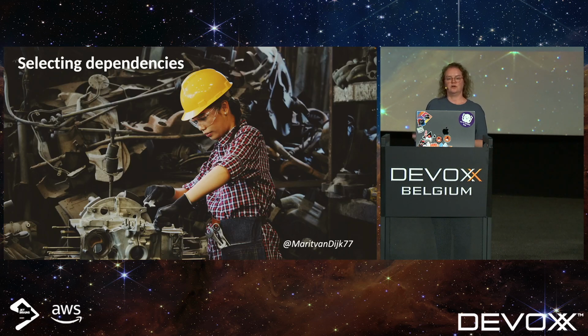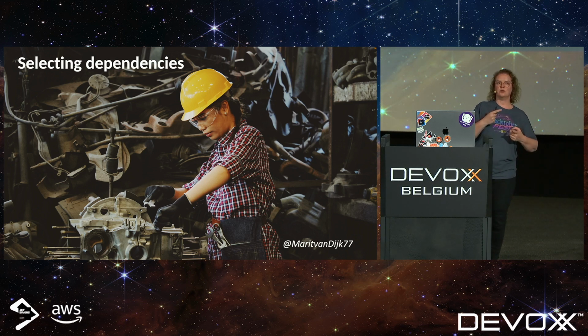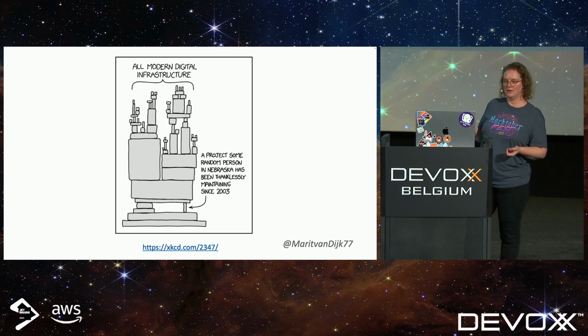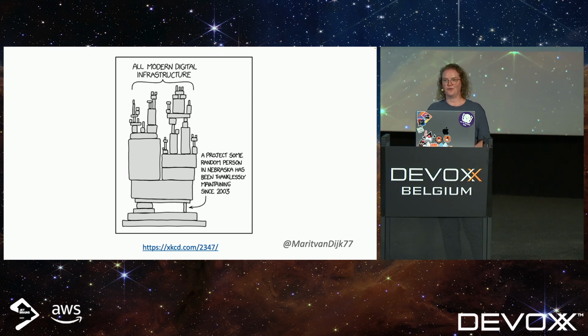Another thing to consider is how well maintained a dependency is. Check out the number of commits and the number of releases and see how many active maintainers and contributors there are. There's an XKCD for everything, and I know this one came up earlier today as well. There are a lot of dependencies or libraries that are maintained by just one person. And one thing that comes up then is what's often called the bus factor.